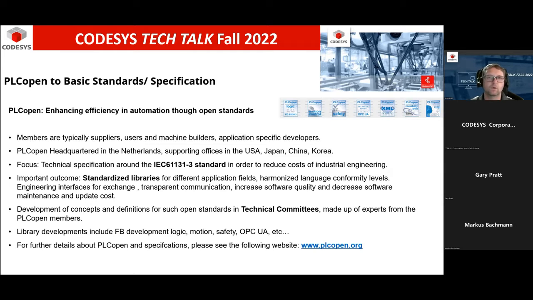And it's easier to work with a function block when somebody knows specifically how it is developed and how your industry or discipline works, whether it's a rewinder or a packaging machine or something along that line. The library developments included function block developments for motion, safety, OPC UA, etc.